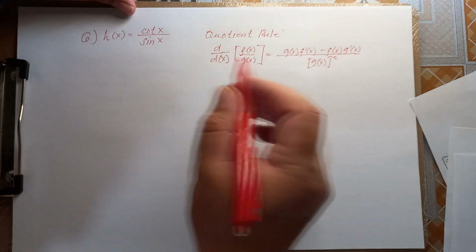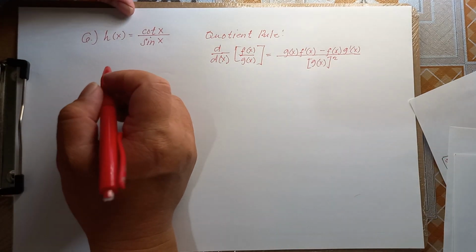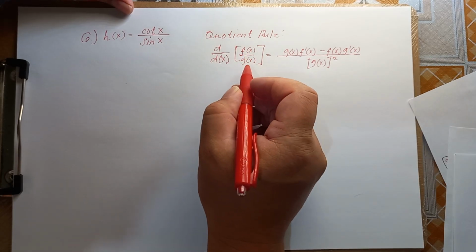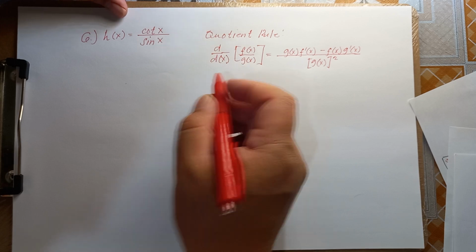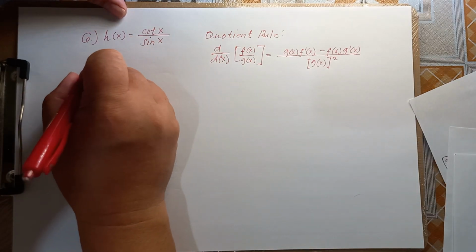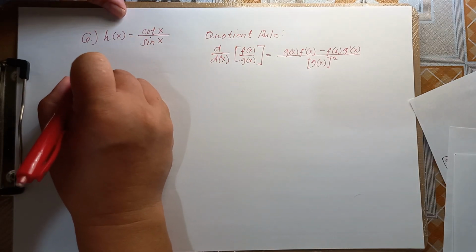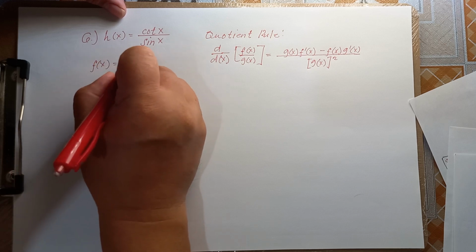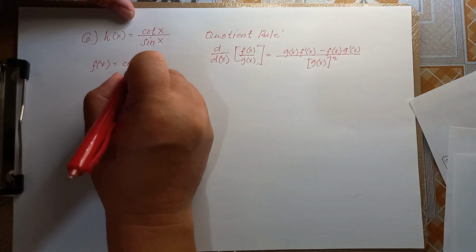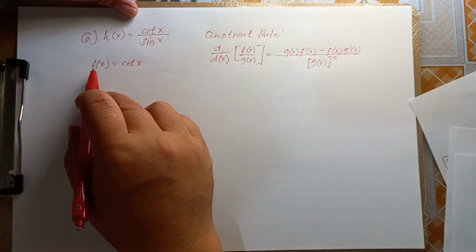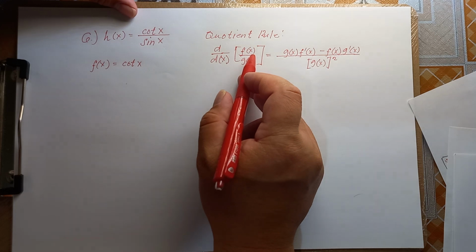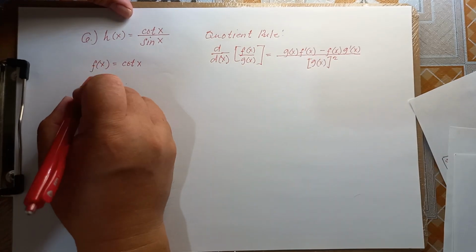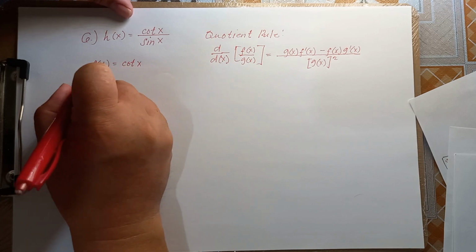So that in here, when we are going to solve for this one, we have to identify our numerator, which is f of x, and denominator, which is g of x. So what is our numerator, which is identified by the f of x? Now we have the cotangent x. After identifying our f of x, we need to have its derivative. So what is the derivative of the cotangent x?